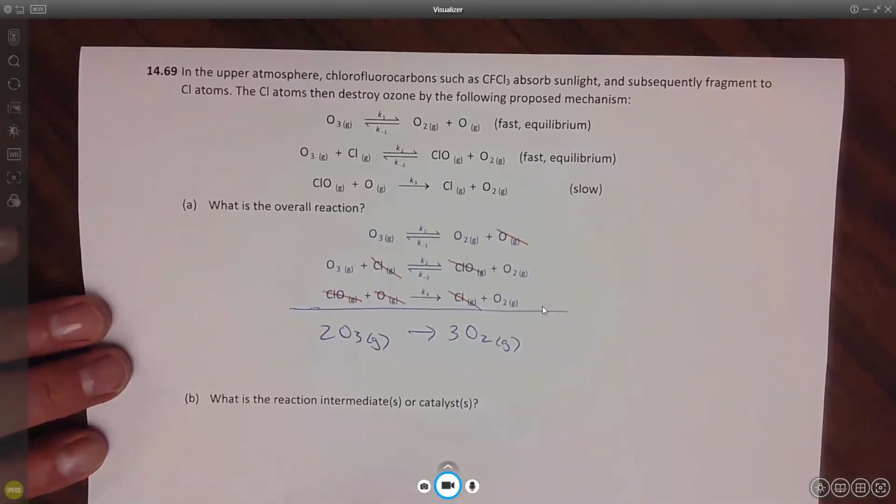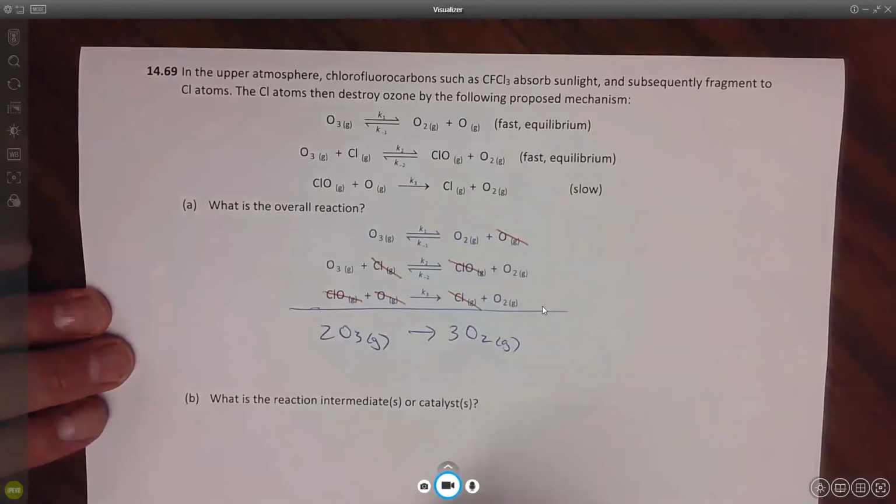Okay, are there any reaction intermediates or catalysts? There aren't any catalysts, but there are 3 reaction intermediates. Okay, what are those reaction intermediates?